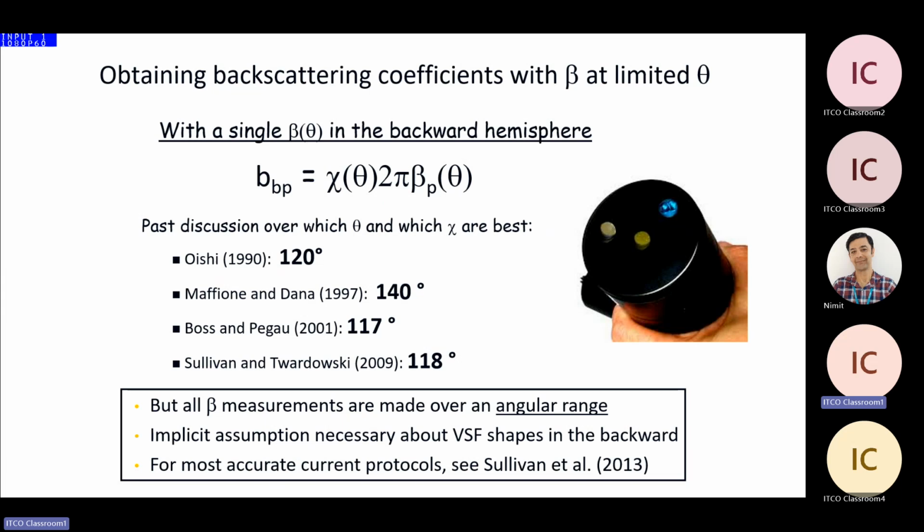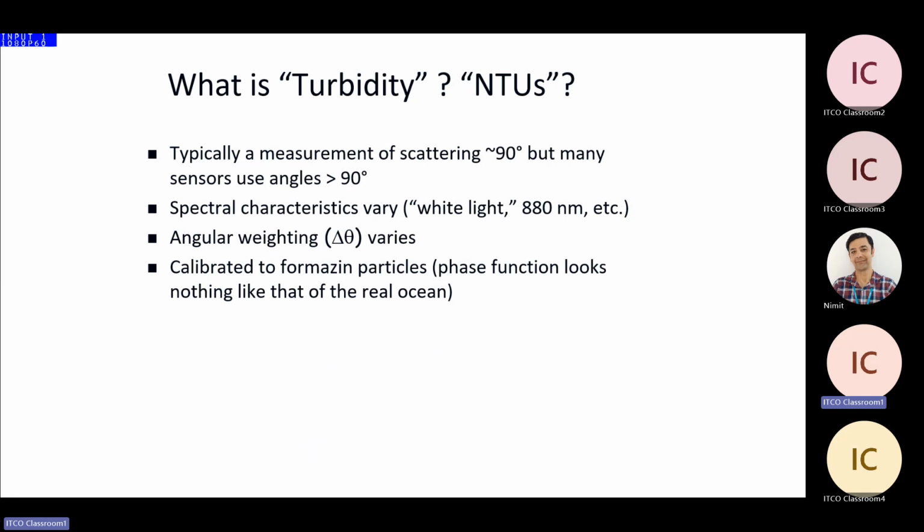So this chi factor is assuming there has to be some shape. And through other work that we've done, we've shown, and I'll show this in a minute, I think, that the shape in the backward direction is relatively consistent. So we think that any bias errors from this assumption of the VSF shape being constant in the backward direction are relatively small.